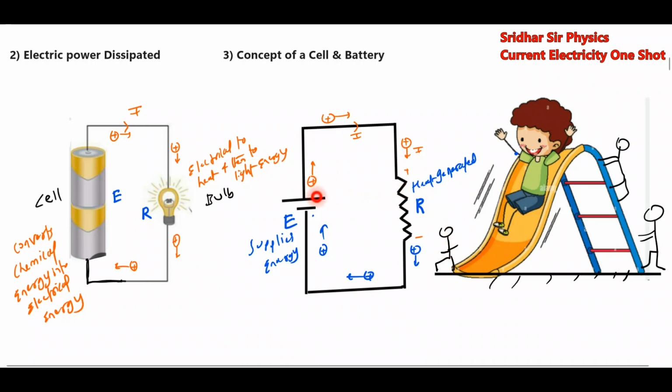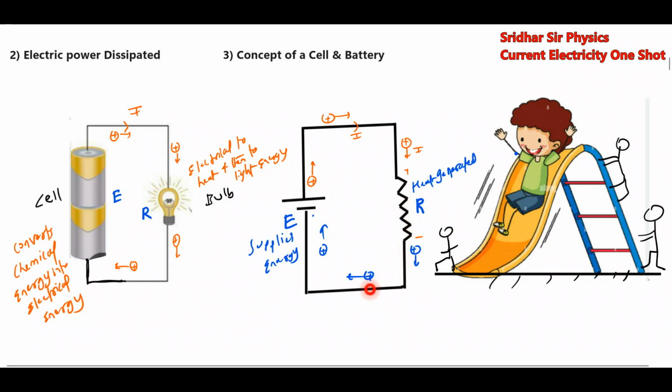The same thing happens in the cell. A chemical reaction will occur, energy will be generated, and it will be given to the charge. With that energy, the charge will proceed like this, and the charge will acquire that energy in the form of kinetic energy, and pass through the resistor. It will utilize that energy to overcome the resistance of the material by undergoing collisions.